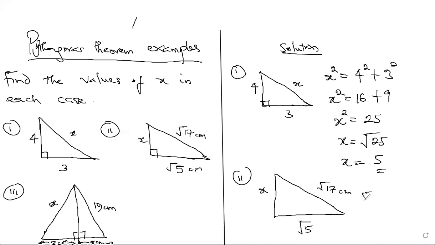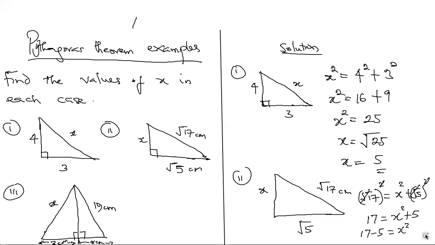The square of the hypotenuse, root 17 squared, is equal to x squared plus root 5 squared. The square will cancel the roots. We have 17 equals x squared plus 5. So we bring this 5 to the other side, and you have 17 minus 5 equals x squared.